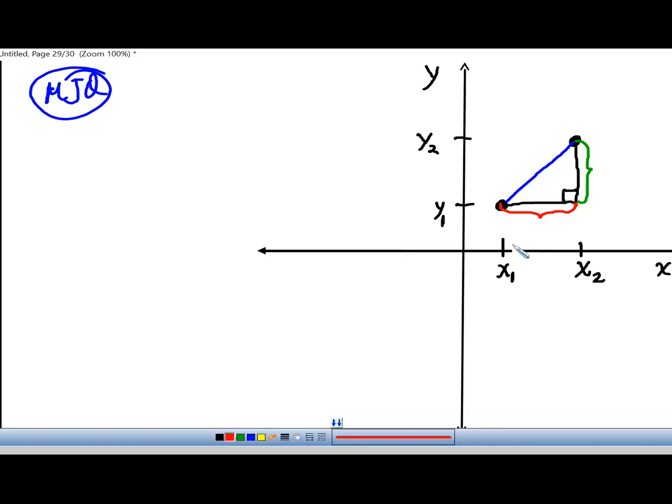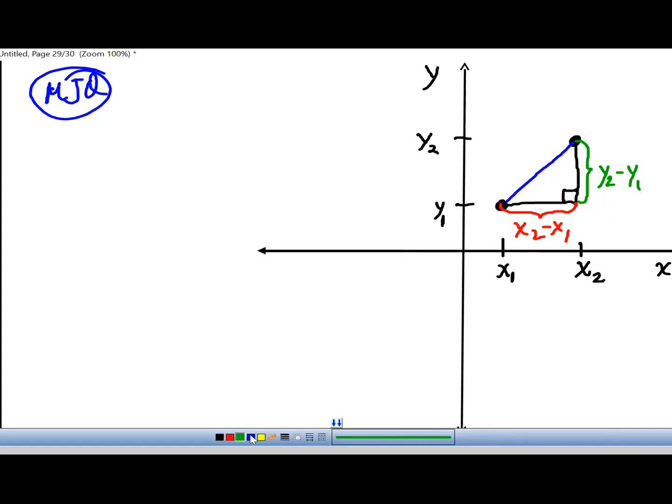Look at it. Remember on the previous one we had X2 minus X1. X sub 2 minus X sub 1. That is correct. How about this one, Hayden? What do I write here for this distance? Y sub 2 minus Y sub 1. Yeah, Y sub 2 minus Y sub 1.